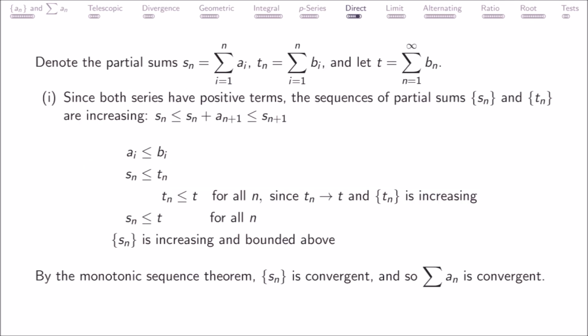Denote the partial sums this way. Since both series have positive terms, the sequences of partial sums are increasing, and we have the following. By the monotonic sequence theorem, sequence S_n is convergent, and so series a_n is convergent.